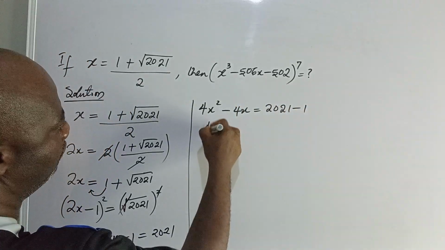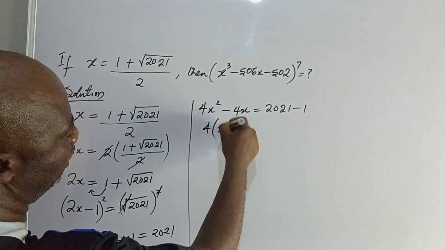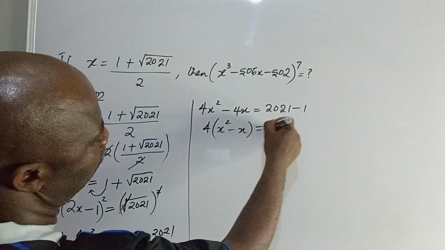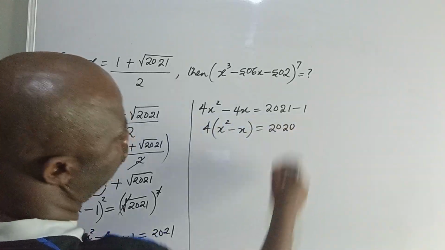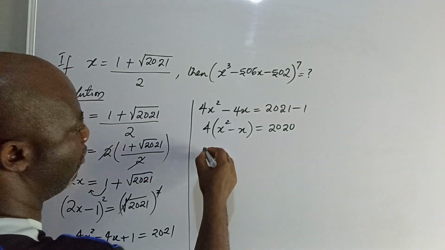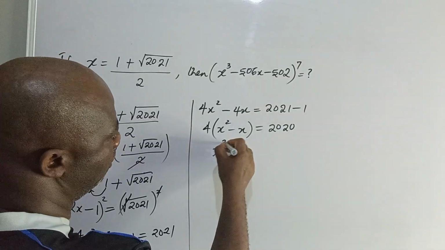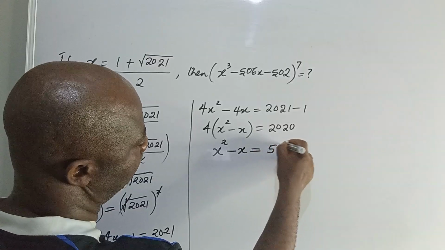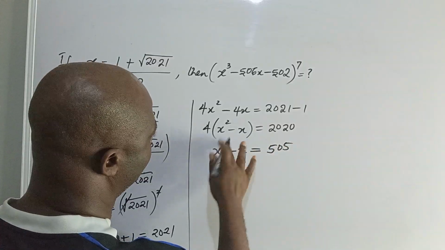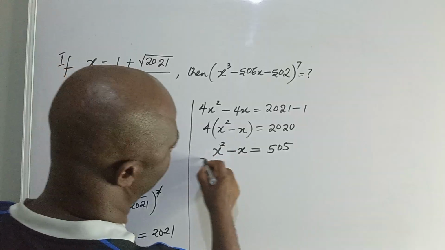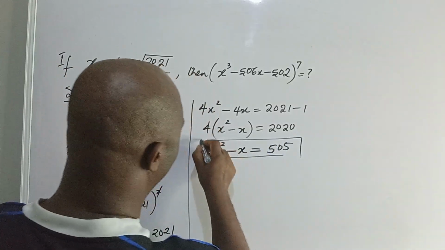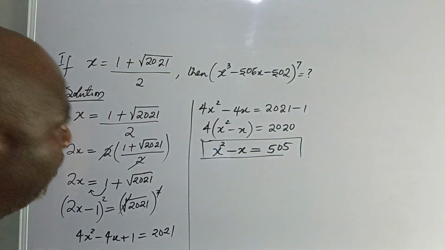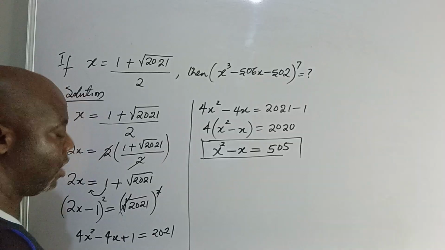So we have 4 times (x squared minus x) equals 2020. I divide both sides by 4, so I have x squared minus x equals 505. I'm going to keep this, because it will be very useful in the next step of the solution.